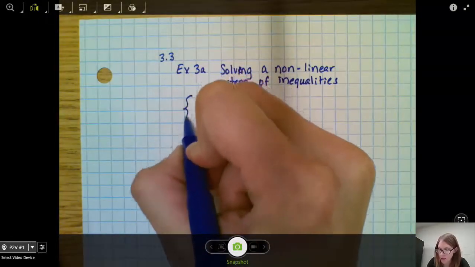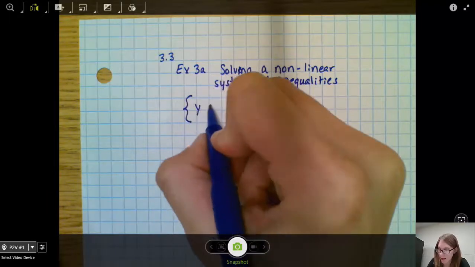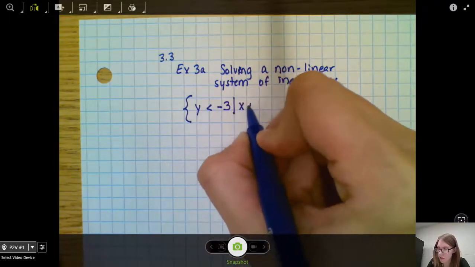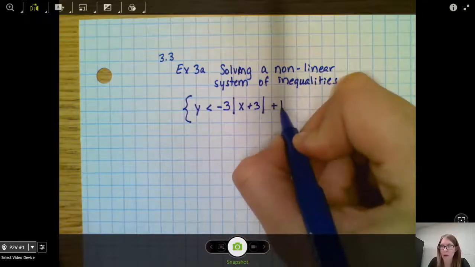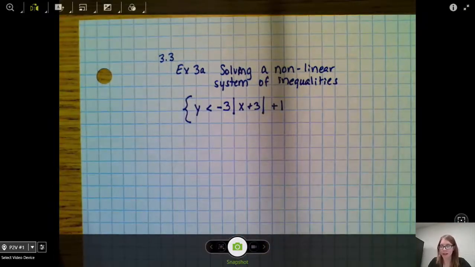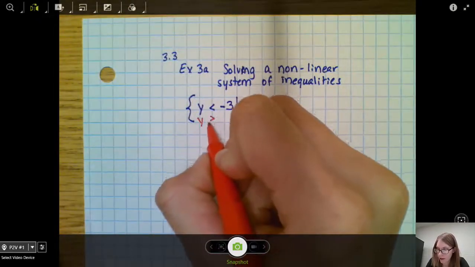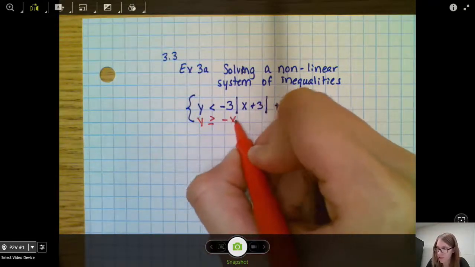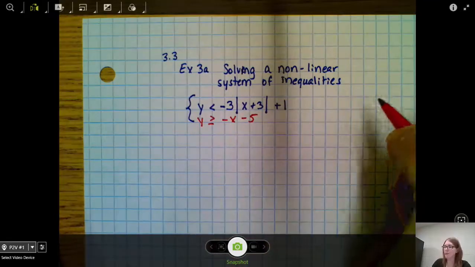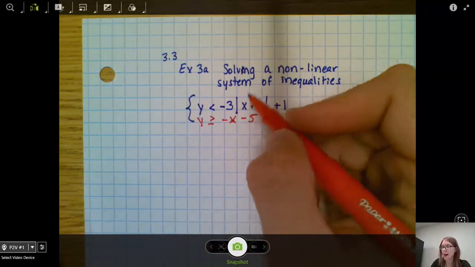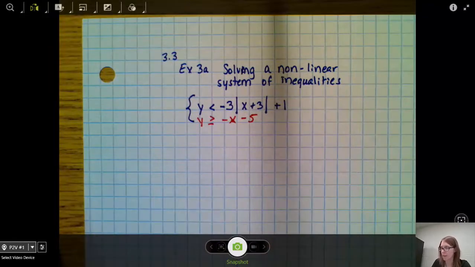So example 3a, we're solving our nonlinear system. My first inequality: y is less than -3 times the absolute value of x plus 3, plus 1. And then my second inequality, y is greater than or equal to -x minus 5. So we're revisiting our absolute value function and our transformations that go with it.